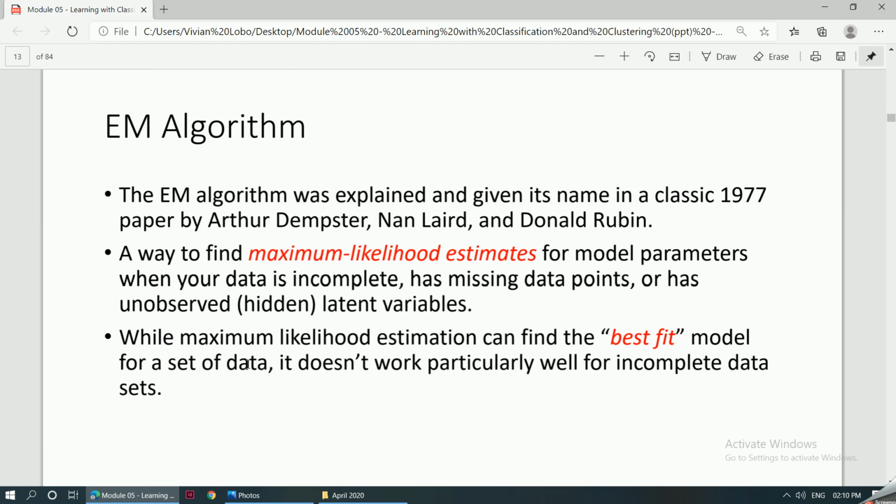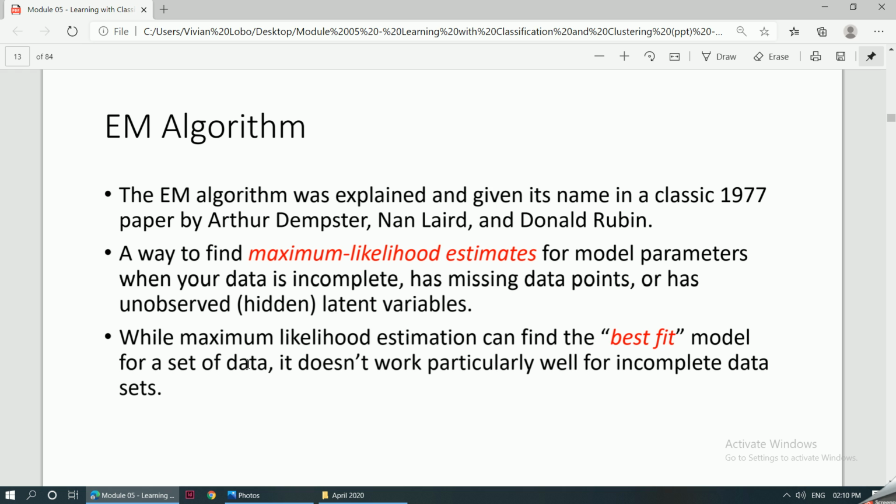So, it is a way to find the MLE, maximum likelihood estimation, for model parameters when your data is incomplete, that is, has missing data points. That is nothing but unobserved latent variables. Your MLE can find the best fit for a set of data, but it doesn't work well for incomplete data.